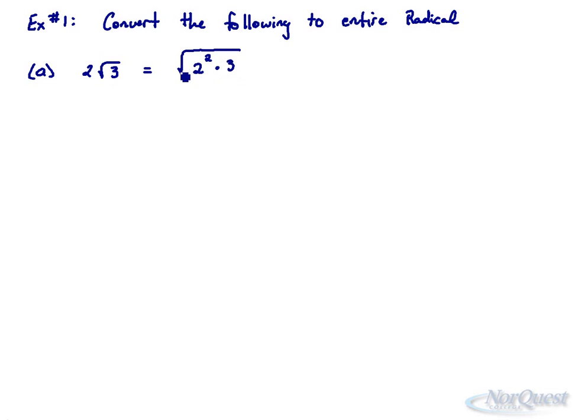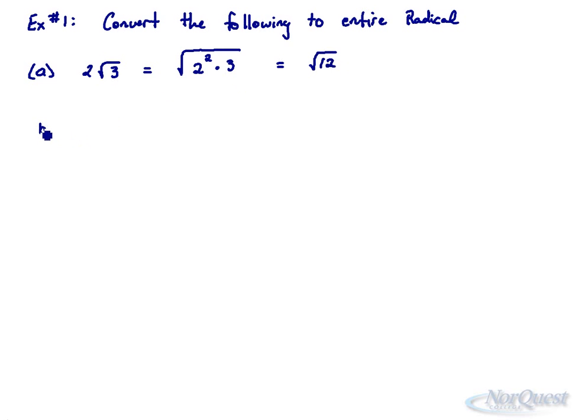And we have a square root, so it's an index of 2 out front. Then simplify the numbers inside. 2 squared is 4 times 3 gives us the square root of 12. And a way to check is, now that you know how to punch these on your calculator, you could evaluate 2 root 3 on your calculator, evaluate root 12 on your calculator, and it should give you the same answer.